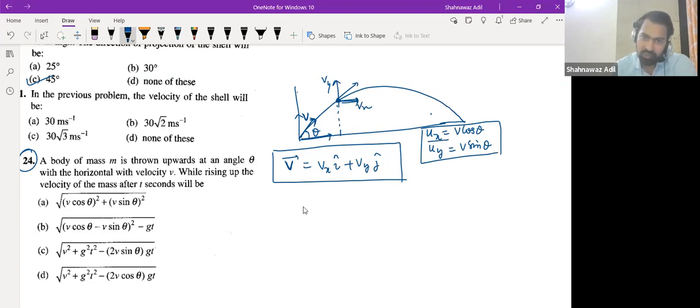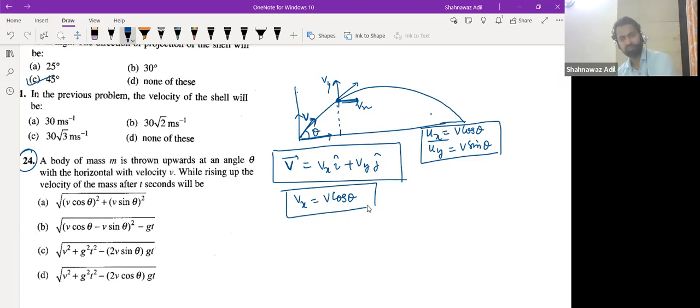So Vx would be v cos theta. Clear, everyone? Now, what would be Vy? Let me know if you guys remember the projectile one or not. V sin theta? Yeah, because we're telling Vy, it will be up. So sin theta, the same as Uy.